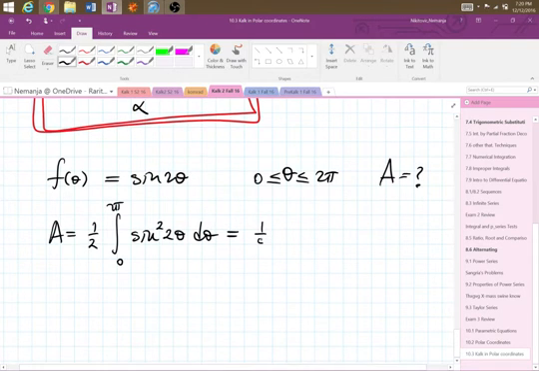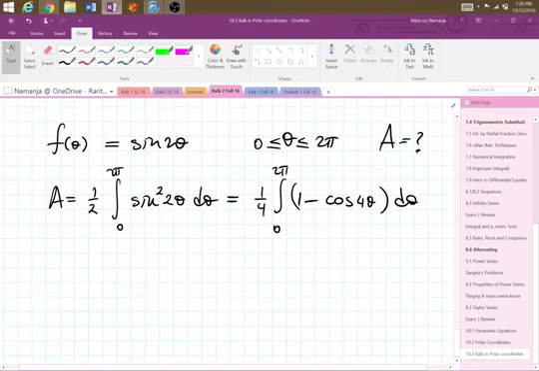So it's going to be 1/4 integral from 0 to 2 pi of 1 minus cosine 4 theta in parentheses d theta, which is equal to 1/4 open parenthesis theta minus sine 4 theta over 4, from 0 to 2 pi.